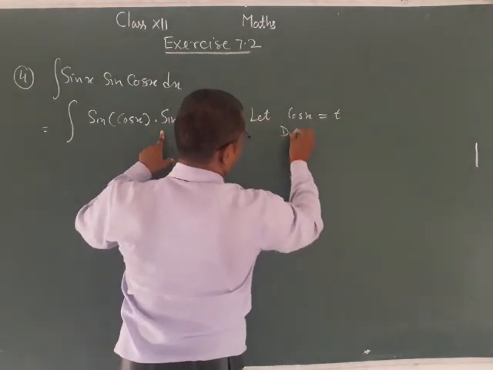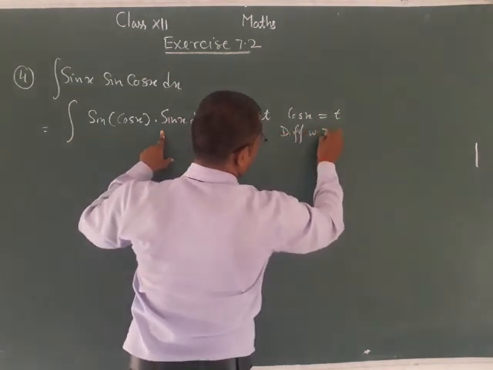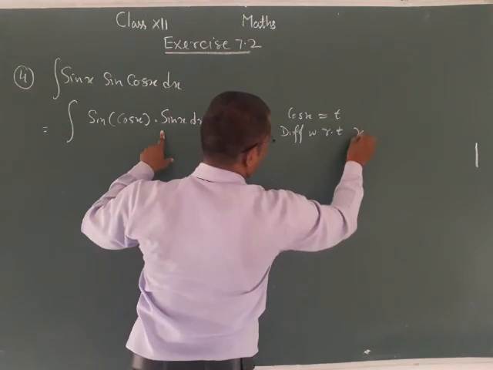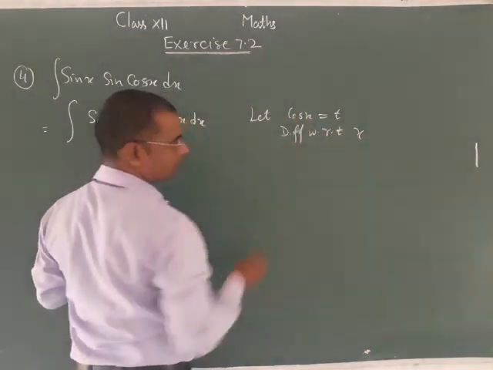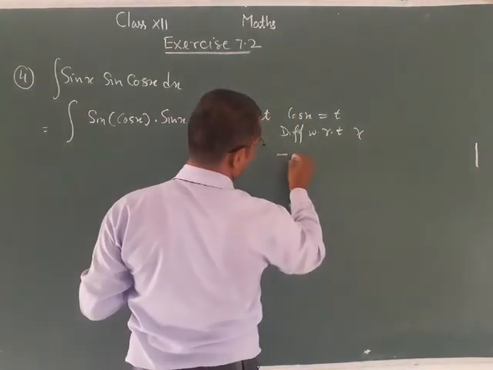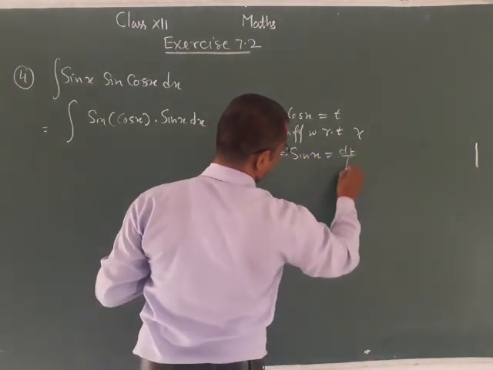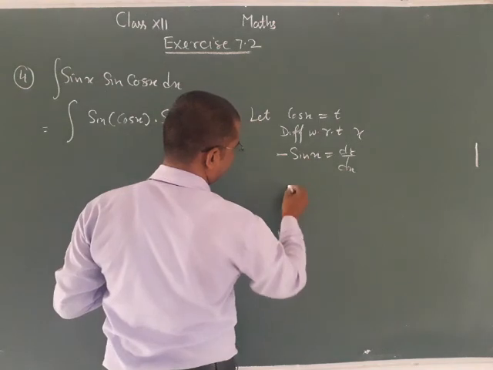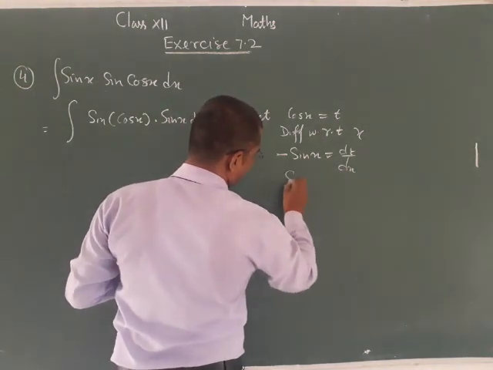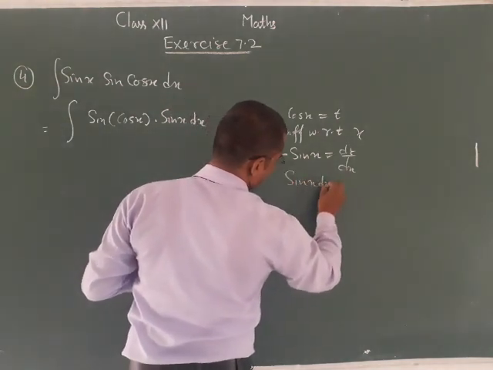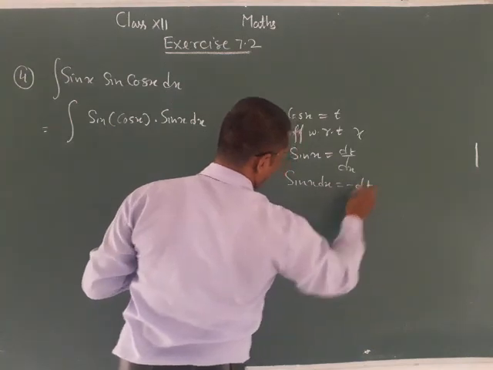Differentiate with respect to x. The derivative of cos x is minus sin x, which equals dt upon dx. So sin x dx is equal to minus dt.